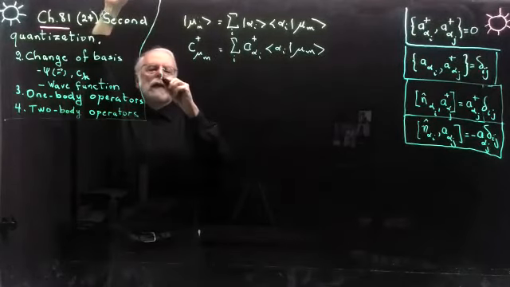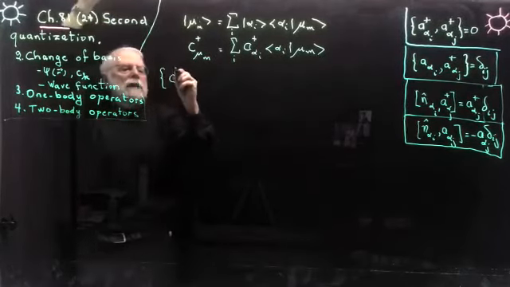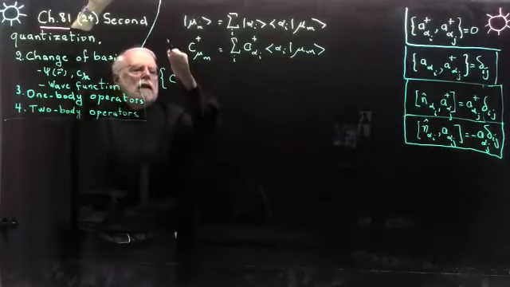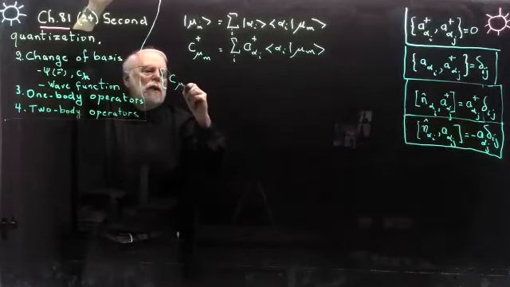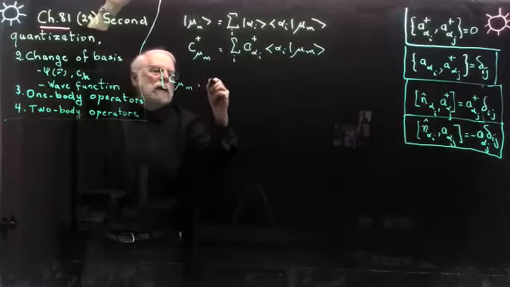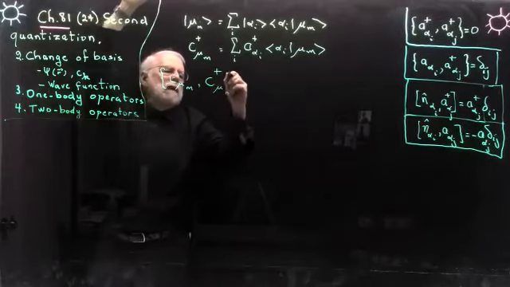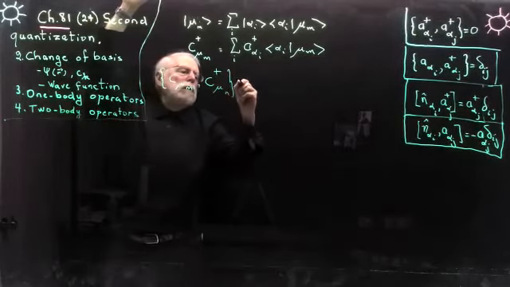So let's write the anti-commutator of C mu m with the C dagger mu n, and use this transformation.